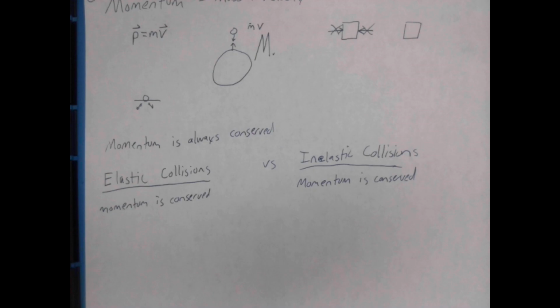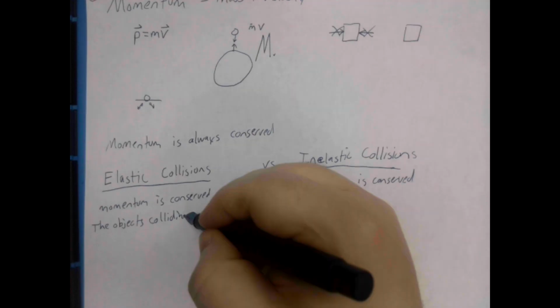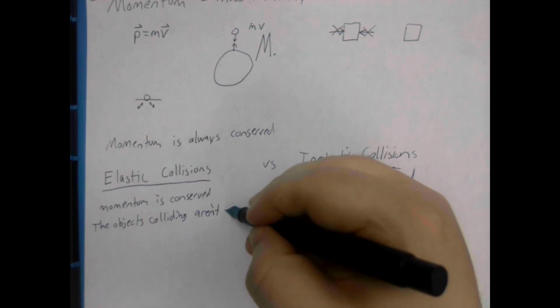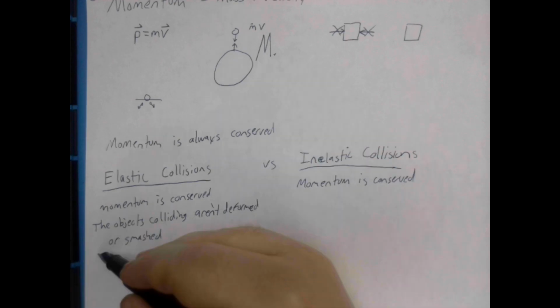An elastic collision is one where the objects colliding aren't deformed or smashed, meaning they perfectly bounce.